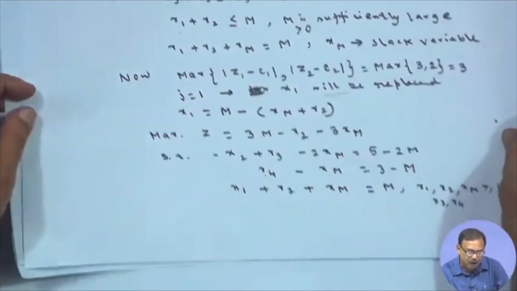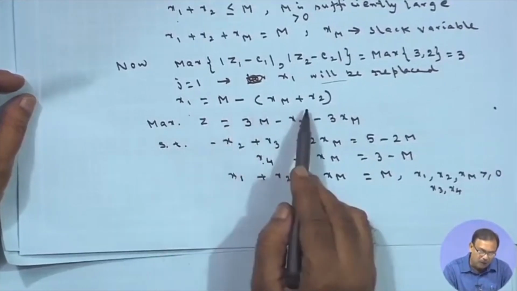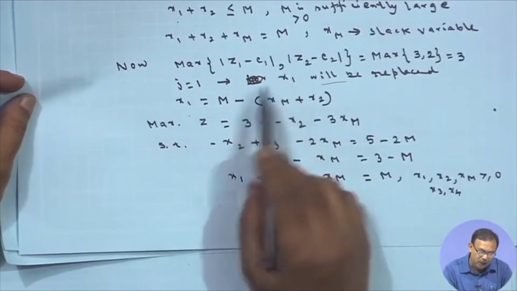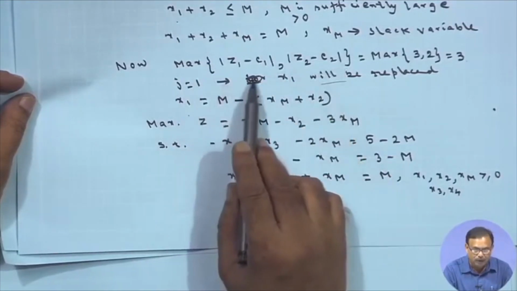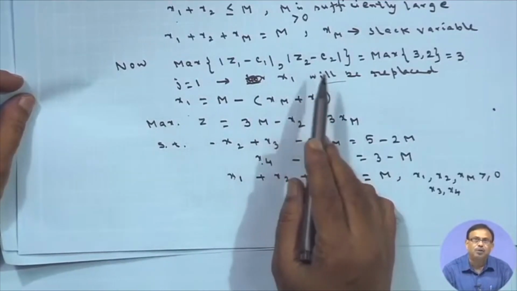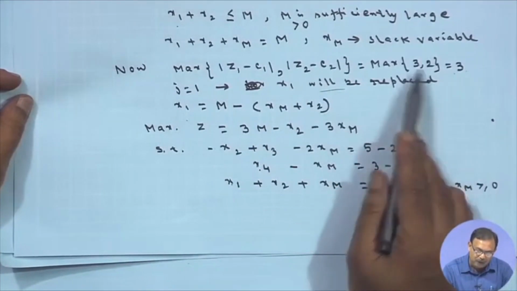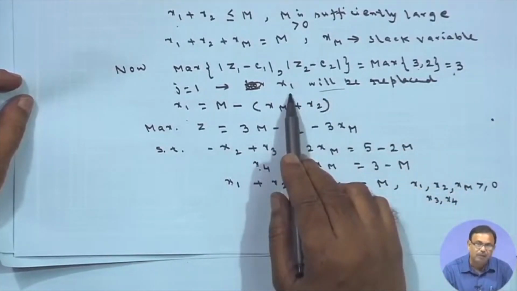After that, you reformulated the problem by replacing one variable, x1, over here. How we derived whether it would be x1 or x2 depends on this: maximum of the absolute values of z1 minus c1 and z2 minus c2, and from there I found the maximum value is 3, which corresponds to the variable x1.